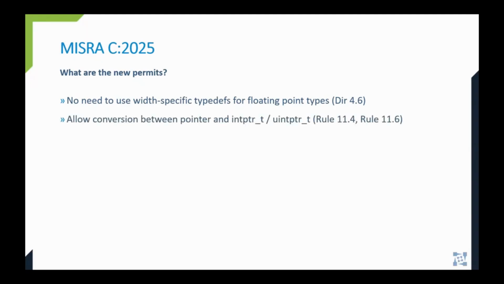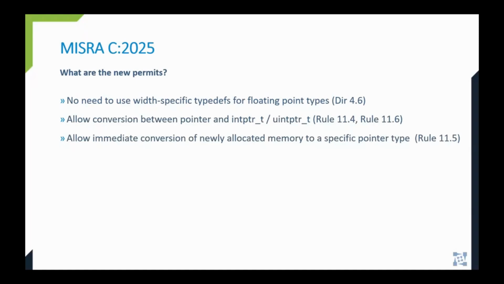The guidelines allow now conversions between pointers and intptr_t or uintptr_t types. They allow immediate conversion of newly allocated memory to a specific pointer type, of course remembering that the use of dynamic memory is still discouraged in general.